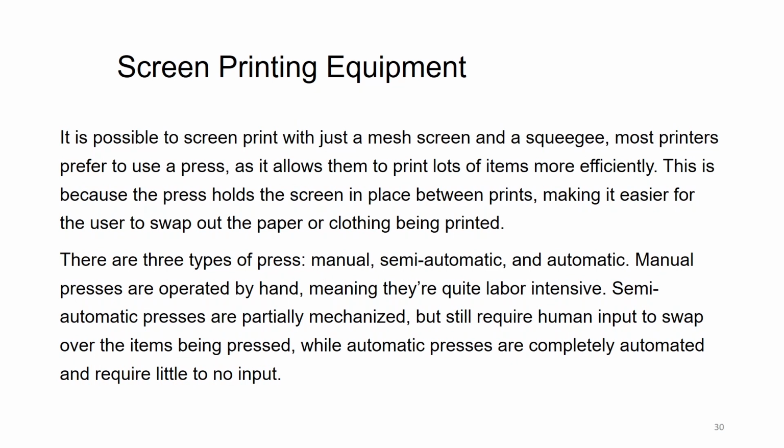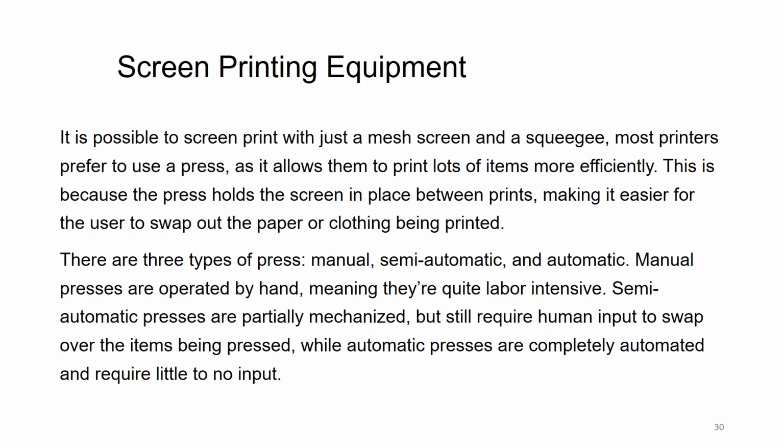Most printers prefer to use a press, as I showed you the press in the last slide, as it allows them to print lots of items more efficiently. This is because the press holds the screen in place between the prints, making it easier for the user to swap out the paper or cloth being printed.